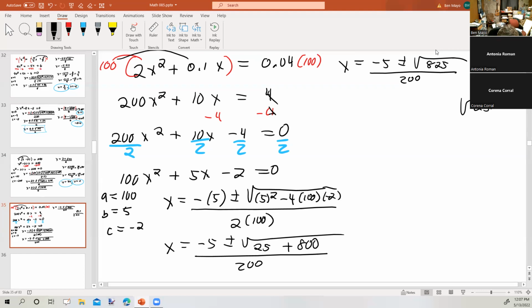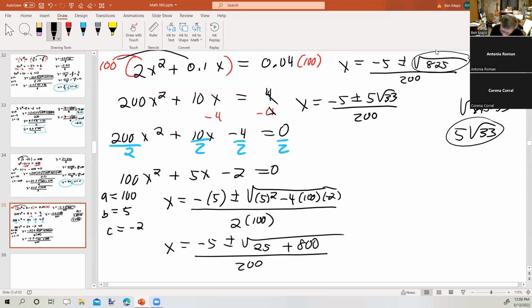So this would be 25 times 33. 33 is 3 times 11, so there's no perfect squares there, but the square root of 25 is going to give me a 5 outside. So the square root of 825 becomes 5 square roots of 33. Okay, so this is going to replace that. So now I've got x equals -5 plus or minus 5 square roots of 33 all over 200.